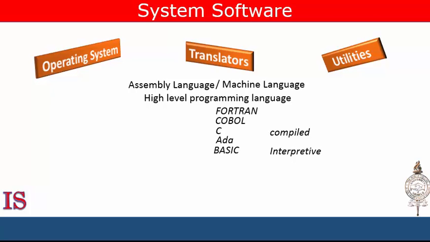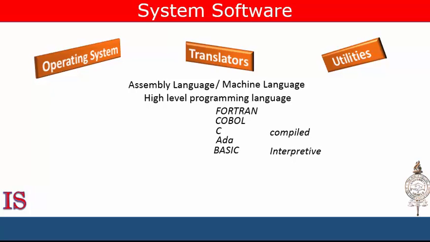So the interpreters like BASIC translate one line at a time as the program runs. Compilers for languages like C will convert the entire program into machine language and then write that program to a new file that can be run without having to interpret each line as it goes.